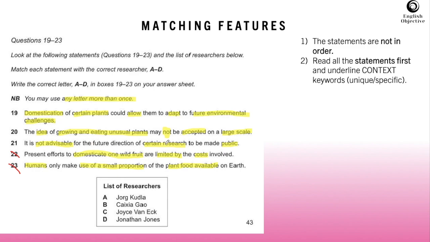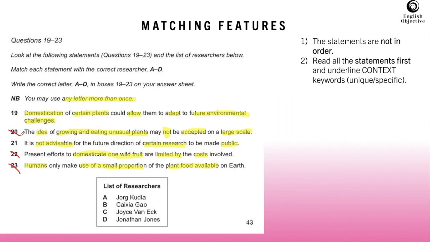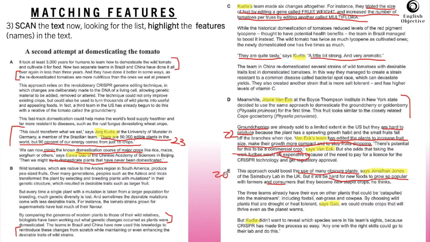That would be these obscure plants that they talk about in paragraph E. And this Jonathan Jones says that it's hard for new customers, so for the consumers and farmers, to accept them. So paragraph E could be question 20.